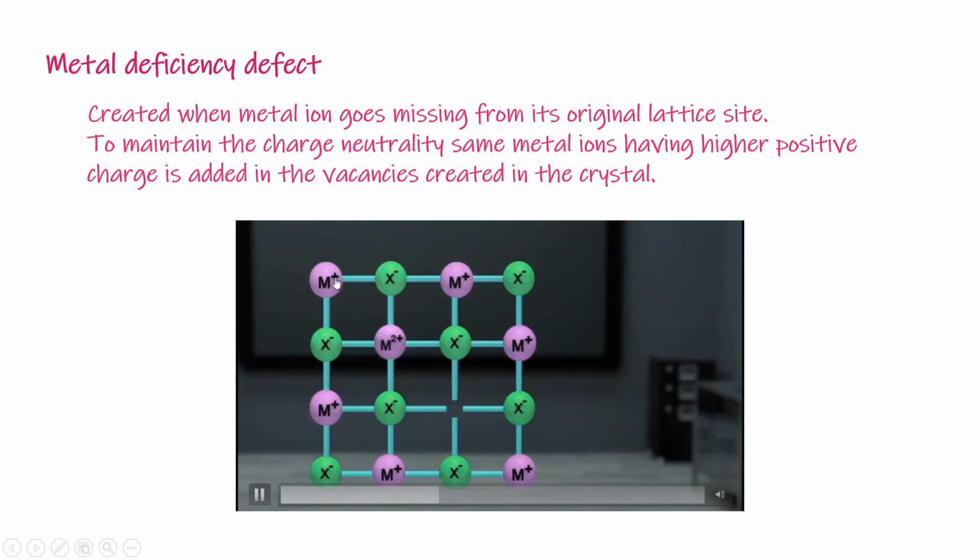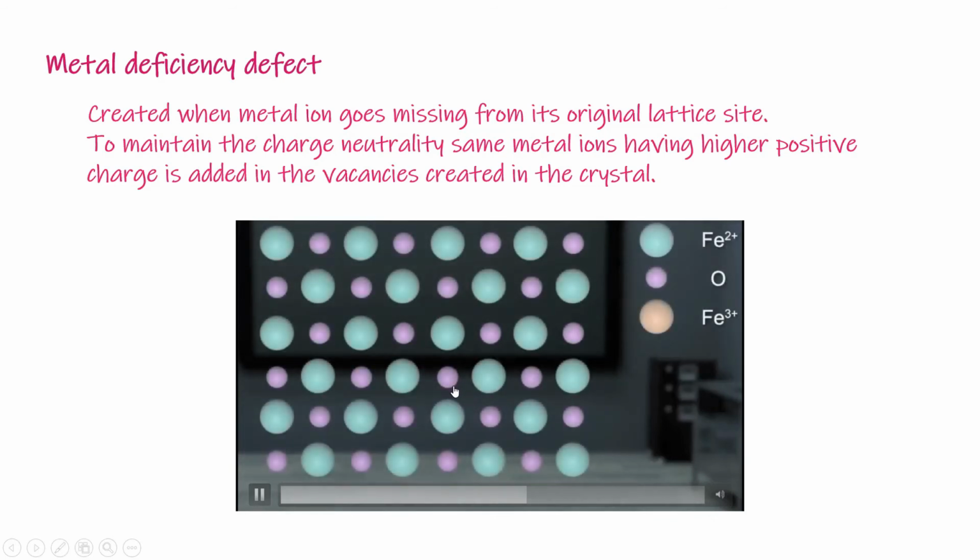Here the charge is M plus. So when 2 charges combine, it becomes M2 plus. So only one vacancy is filled by this M2 plus ion, and another place will be a vacancy. So this is known as metal deficiency defect. Let's see another example.